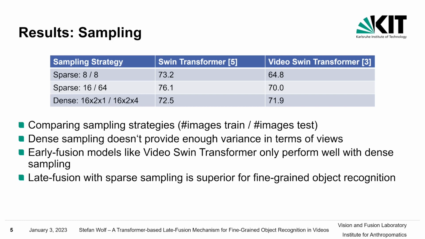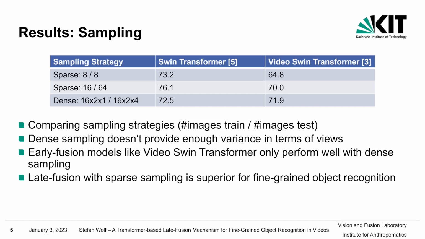The dense sampling is usually applied by recent architectures, where a single clip is extracted. While this clip only covers a short snippet of a video, it has a high frame rate. When we look at the results, we clearly see the advantage of the sparse sampling, which provides a high variety of views.